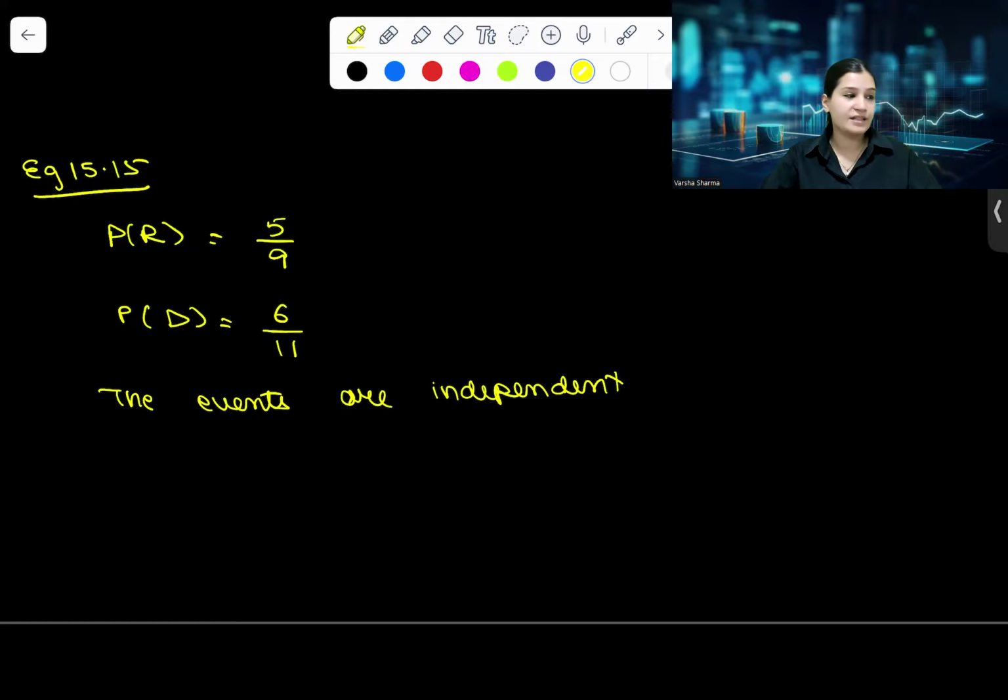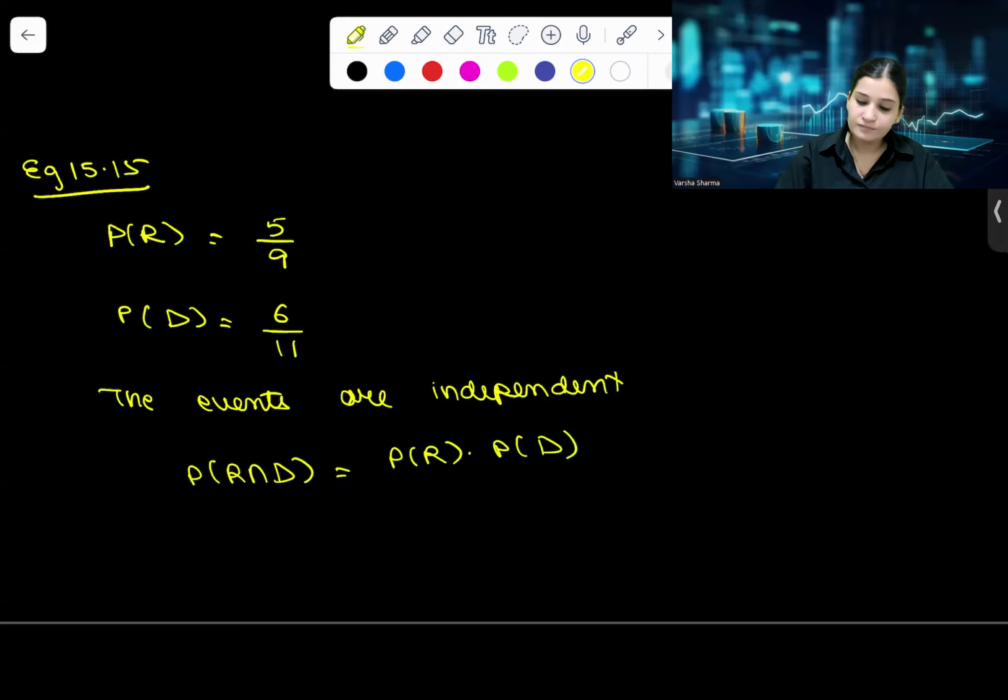What does being independent give us mathematically? Intersection. So the probability of R intersection D can be written as multiplication: 5 by 9 into 6 by 11, which is 30 by 99. Any problem? No, ma'am.